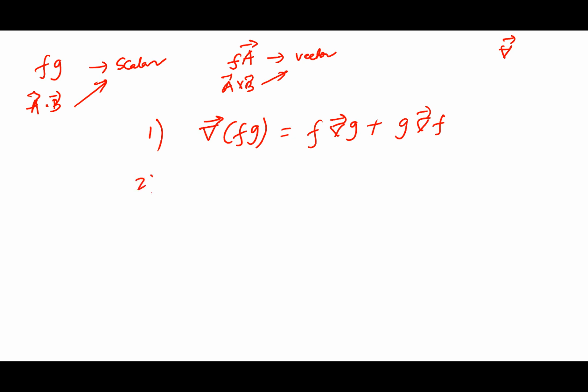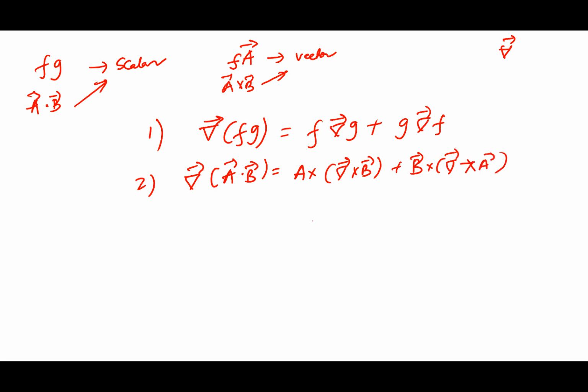The second one is, if I want to take the gradient of a dot b, that is a little more extensive, and this would be one of the homework problems to show. It would be a cross curl b plus b cross curl a, plus I think a dot the gradient b plus b dot the gradient a.